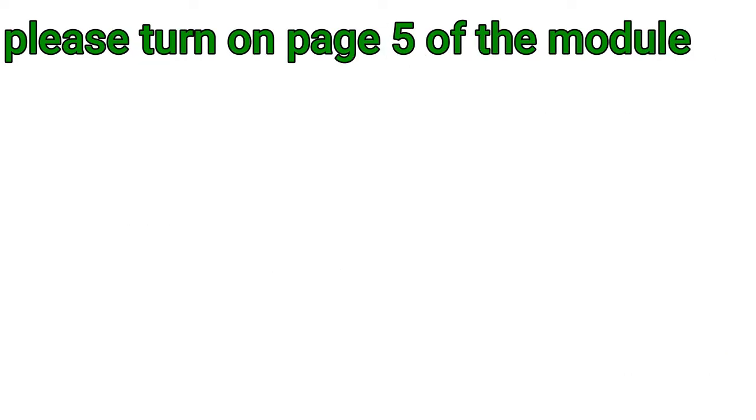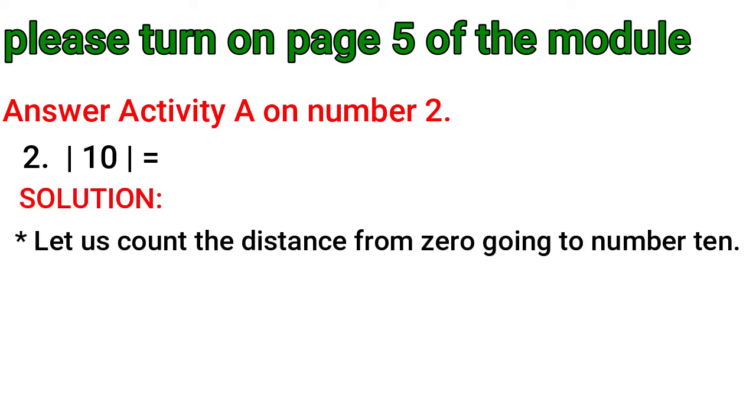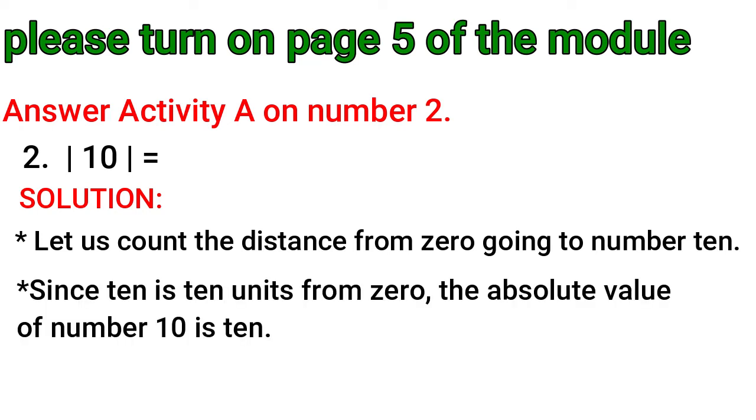Now, please turn on page 5 of the module and let's answer activity A on number 2. Let us count the distance from 0 going to number 10. Since 10 is 10 units from 0, the absolute value of number 10 is 10.